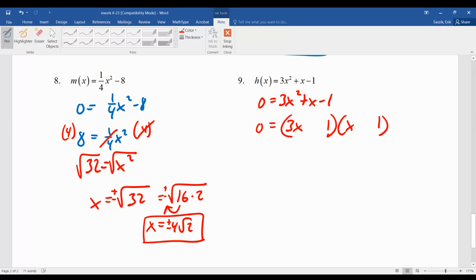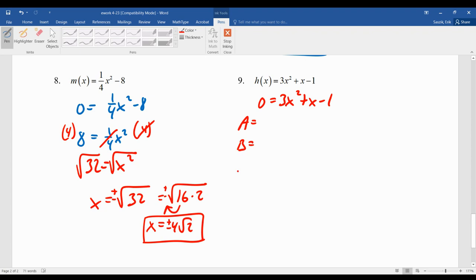Well, if I add or subtract those, 3x and 1x, there is no way I'm going to end up with 1x. This does not factor, okay? And if something doesn't factor, it doesn't mean it's no solution, okay? It means that you have to use quadratic formula.